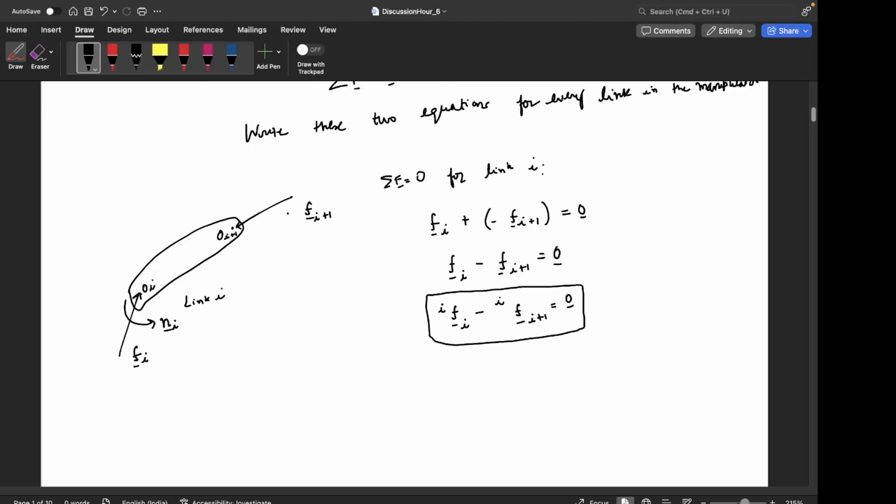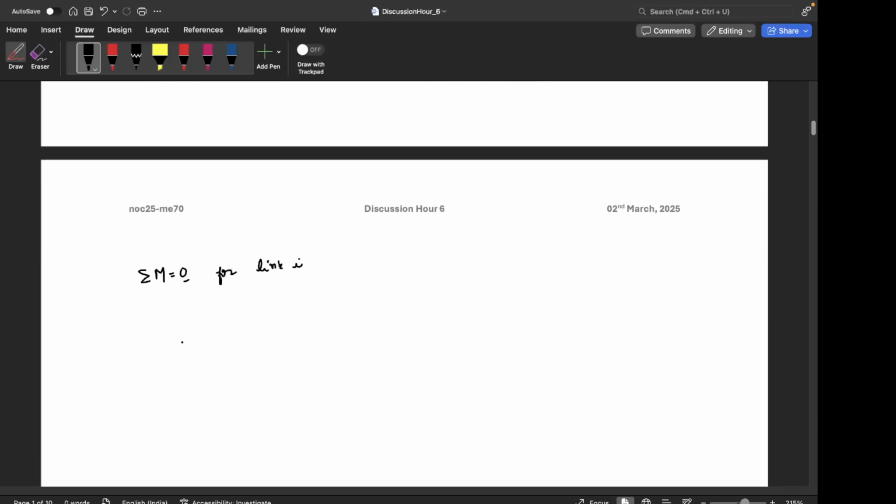Then there is the opposite of what link i applies on i plus 1. And then due to this application of force Fi plus 1 at a distance oi plus 1, that creates a moment. So that is the third thing that we need to consider.